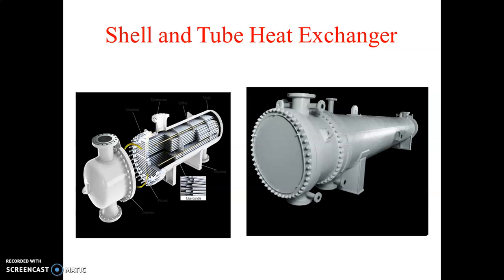Then sometimes we are dealing with a viscous liquid. So viscous liquid, that means the liquid which is having higher viscosity, for example oil. That type of fluid should be transferred in the heat exchanger on the shell side. Then high pressure fluid should be transferred in the tubes, and sometimes vapor or gas you have to transfer in this heat exchanger.